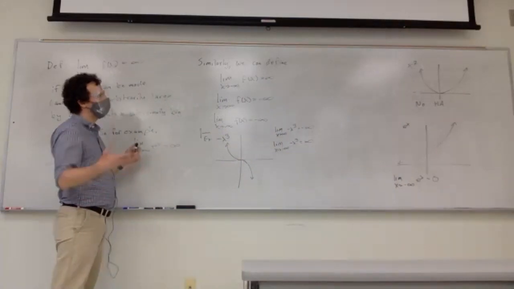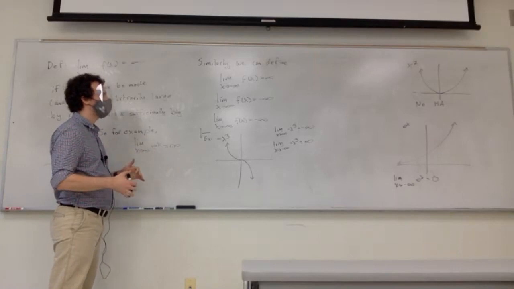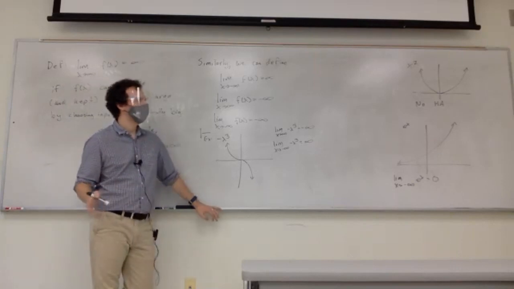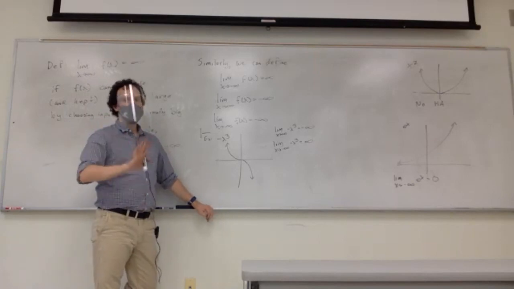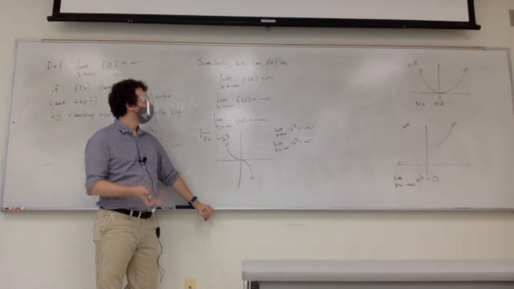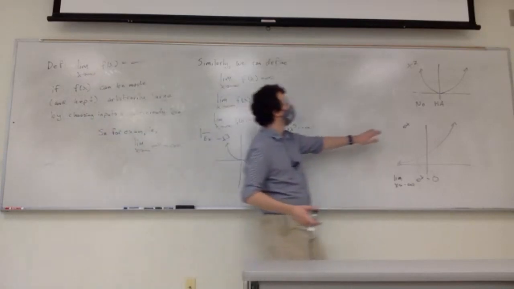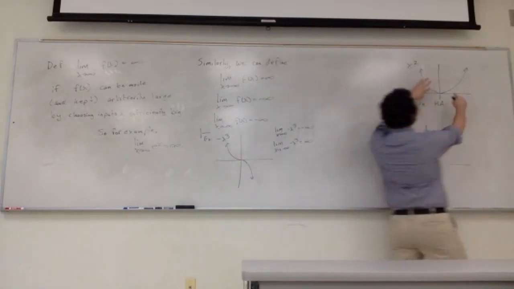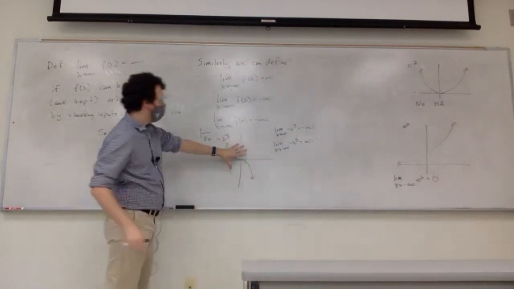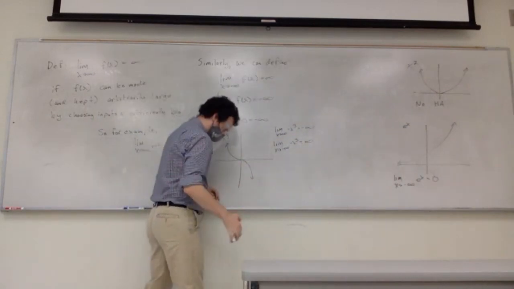So one observation that you may have seen, maybe not, is if you're talking about power functions, powers of x, maybe with a coefficient multiplied, the shapes of the graphs are basically x squared going up in both directions, or x cubed going in opposite directions.